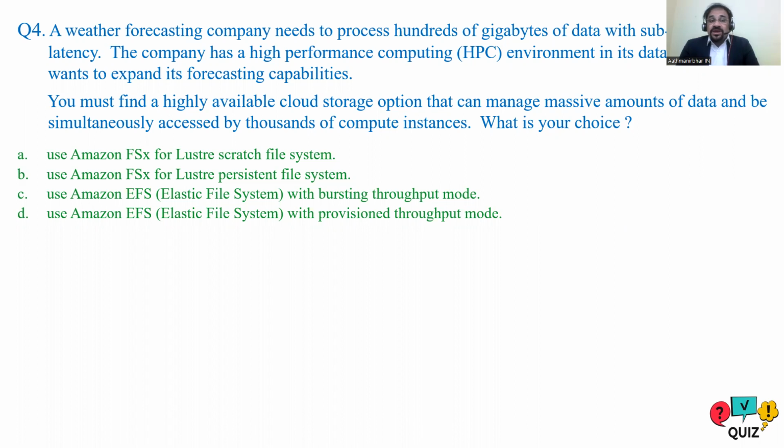So option D also will go very well with our requirement. So we have one option B and another option D. Both are very similar. Both will suit our requirement. But here we need to go with one answer, correct? So either you go with option B or option D.